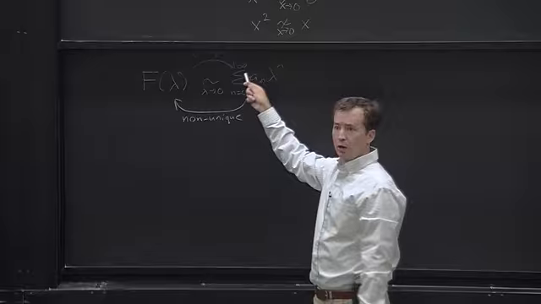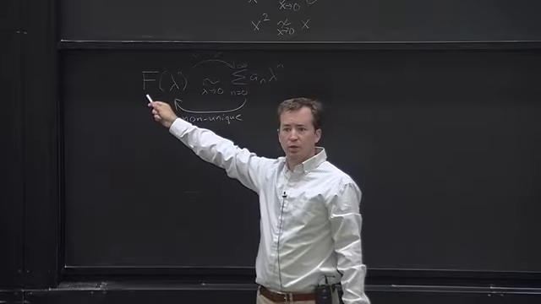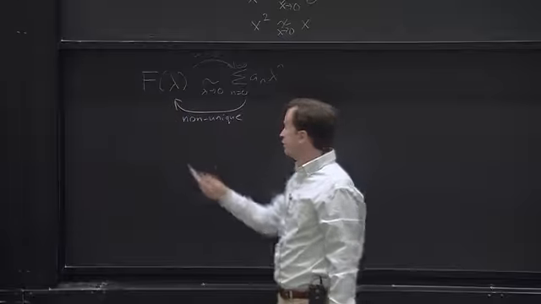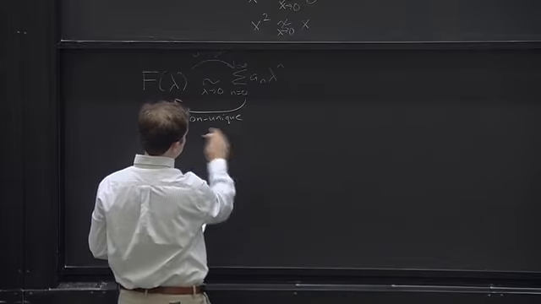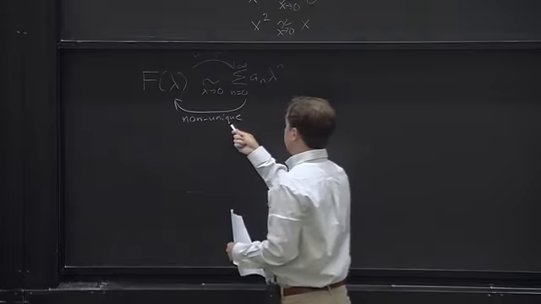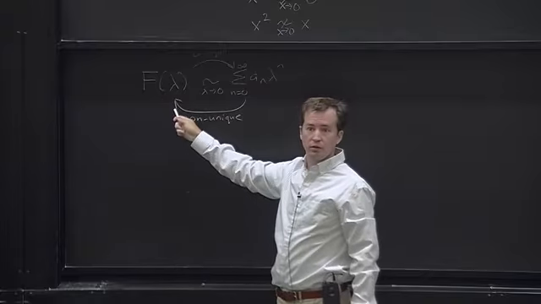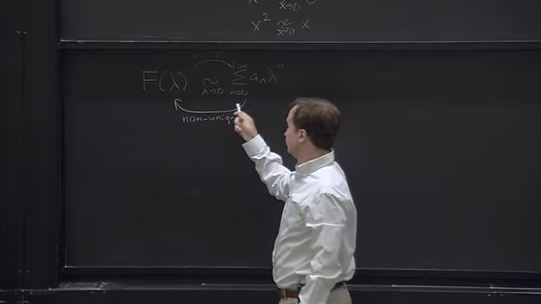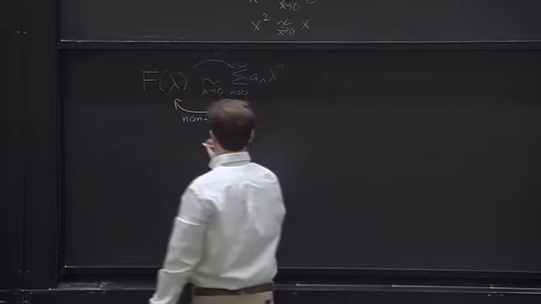So if all we have is the asymptotic series, there's information we're missing about the quantity of interest. One caveat about this non-uniqueness: if we don't know anything else about this function, then this is non-unique. If we have some extra information about this function, sometimes we can go backwards.